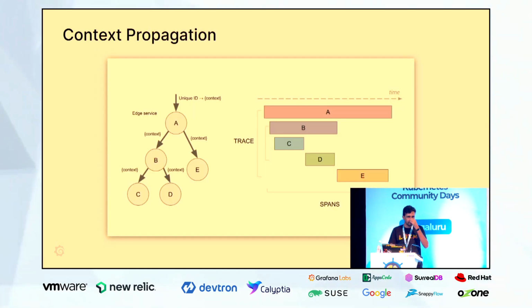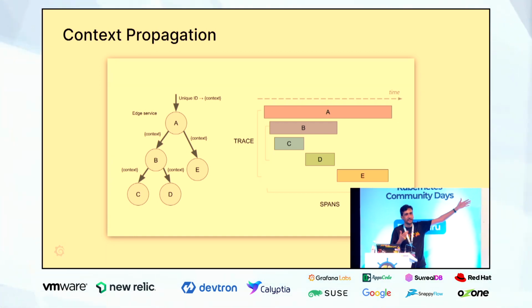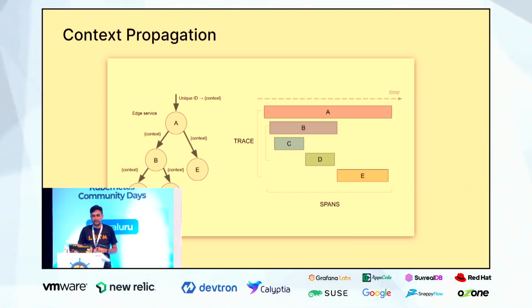And another important thing to keep in mind in tracing is context propagation. Because tracing is all about continuing a transaction across service boundaries, and context propagation is how you do it. So when a request comes to you, if it doesn't have an existing context, you basically generate a new trace. You create some spans, you attach those spans to that trace, and then you pass that context down to the services that you're calling downstream.